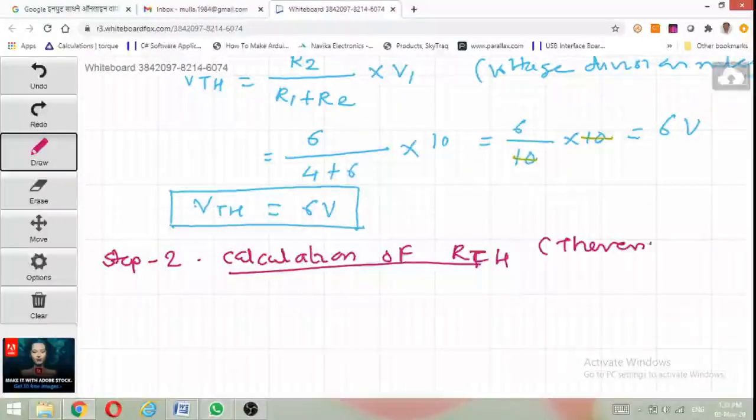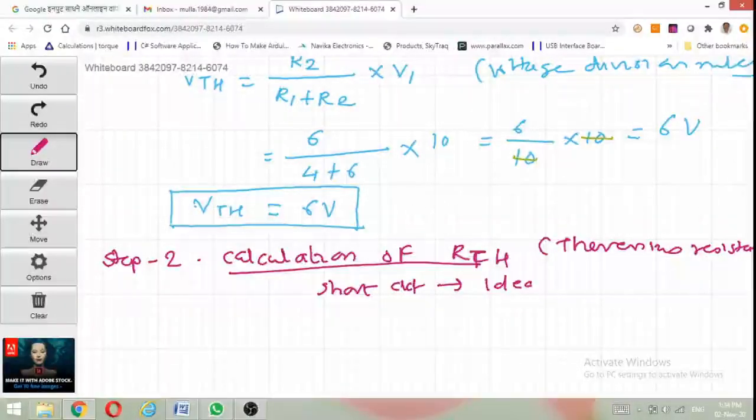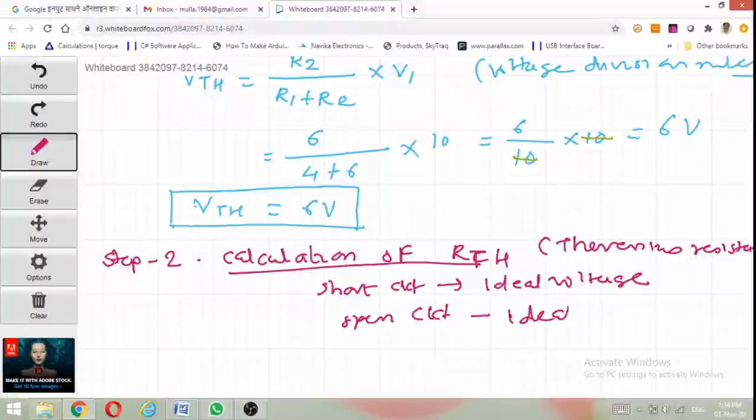RTH is Thevenin's resistance, and it is calculated by short circuiting the ideal voltage source and open circuiting the ideal current source.